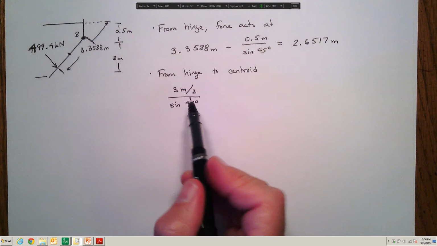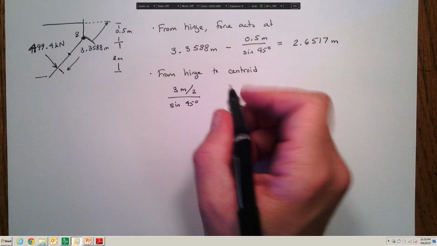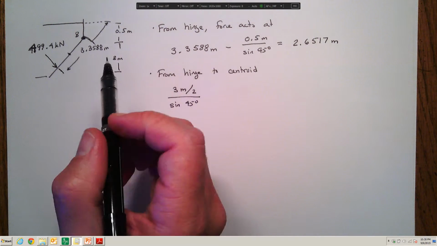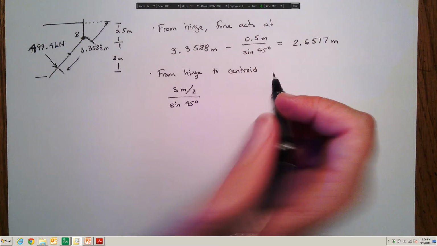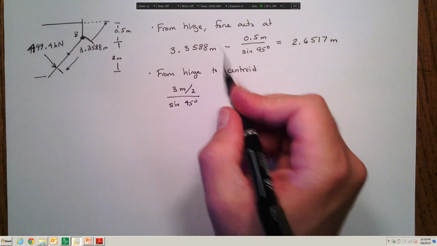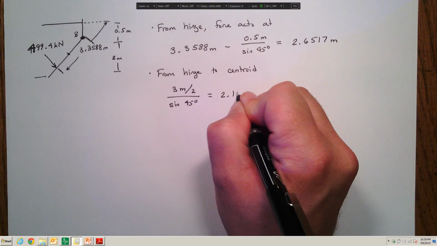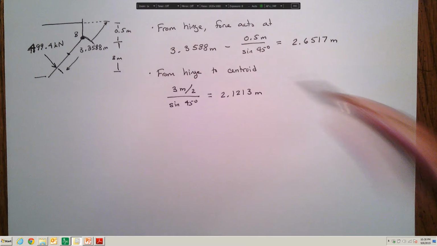That is the distance to the centroid from the hinge, which is 2.1213 meters when I calculate that out.